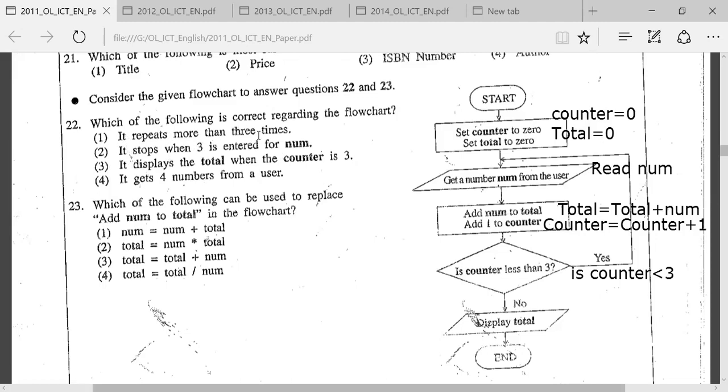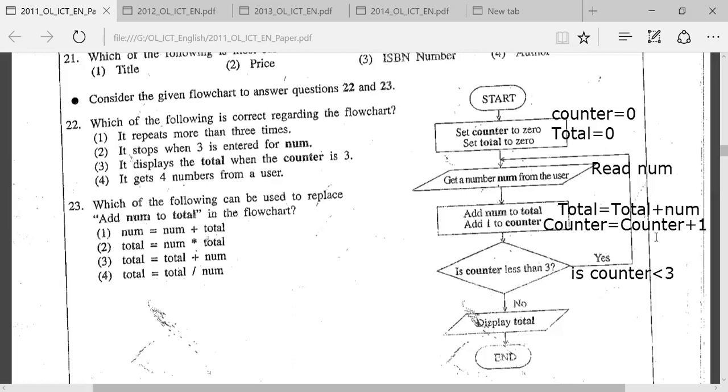It repeats more than 3 times. Right? So you are reading a number here. You are adding the number to the total. Counter is increased by 1. Already the counter is 0. When you are inserting a number, the counter will be increased by 1 after the execution of total equal total plus num.